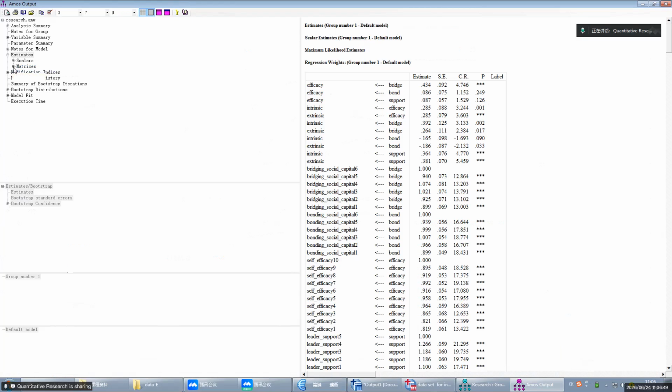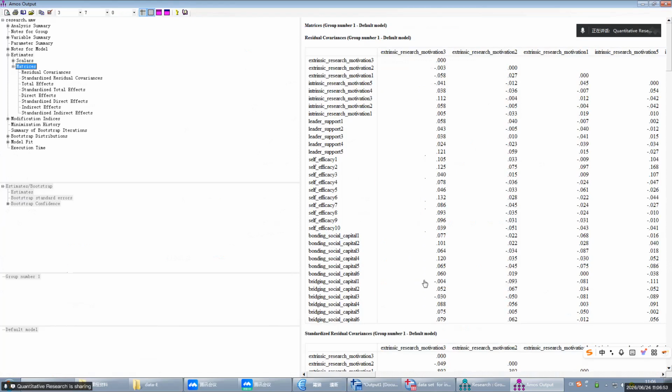You open it. Then you can see we have total effect, direct effect, and indirect effect. Why do we have total, direct and indirect effects in here?